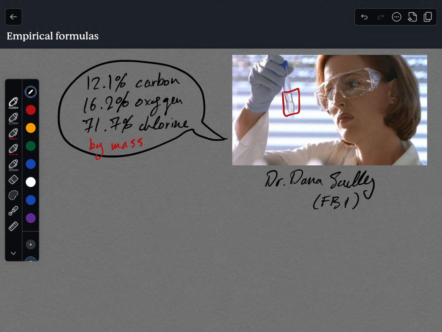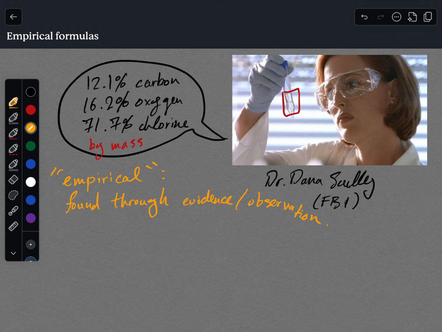of something that's empirical means found through evidence or observation.